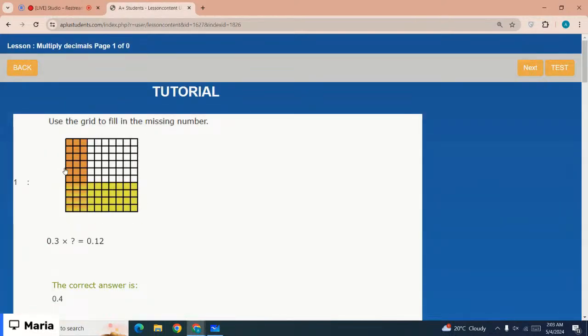Use the grid to fill in the missing number. Basically you are given a grid, and you have to find what number it is showing, right? So let's look at the grid you have.